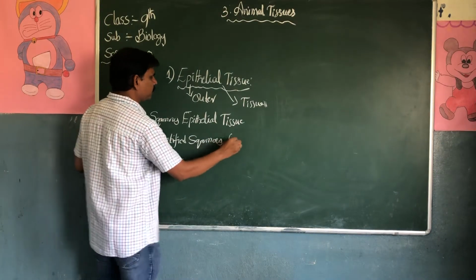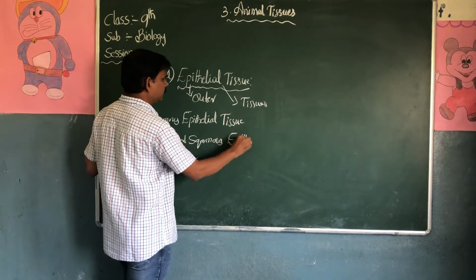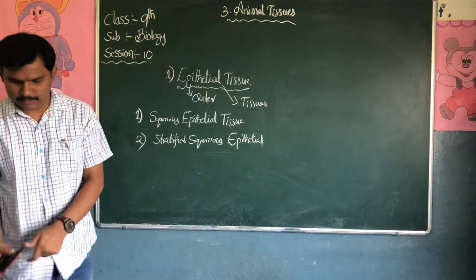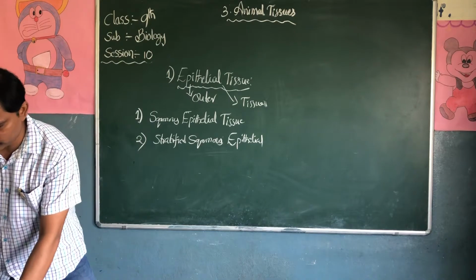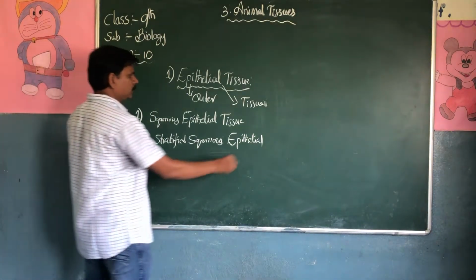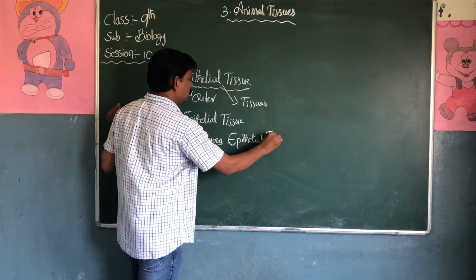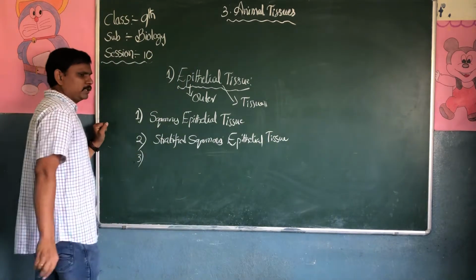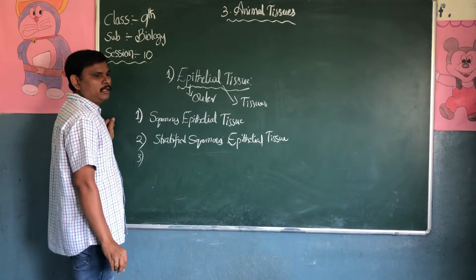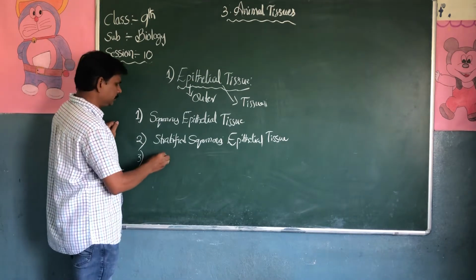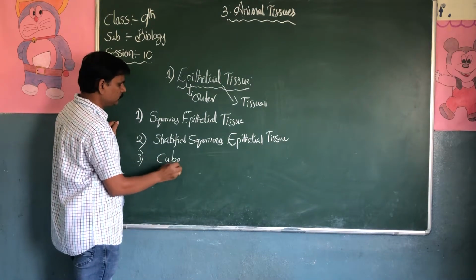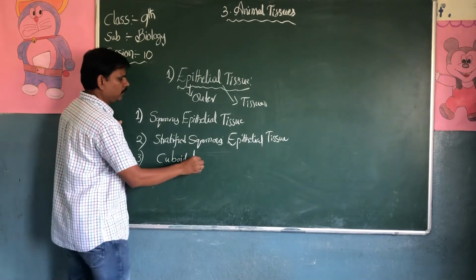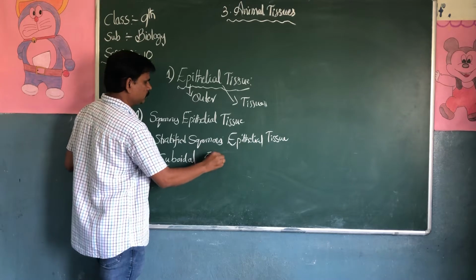The third one is cuboidal epithelial tissue.